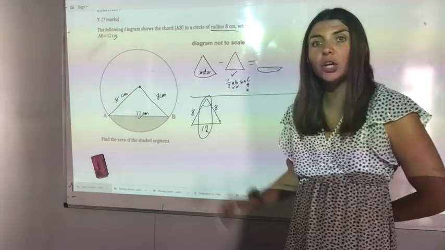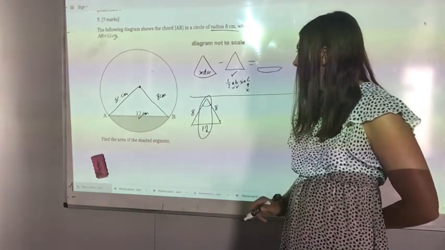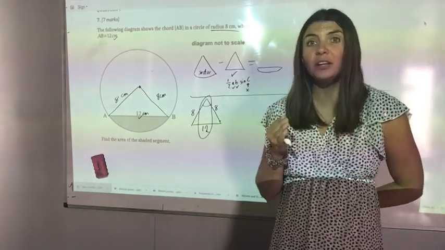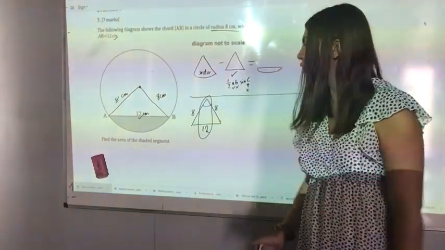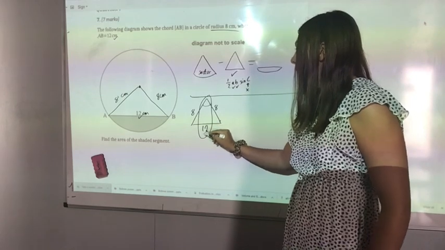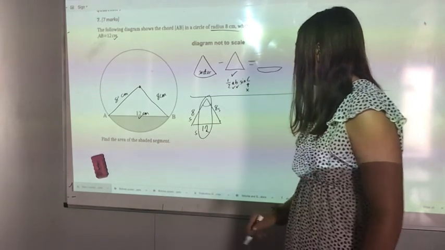We know that these angles are going to be the same, but we don't know what they're going to be. So the most logical thing to use is the cosine rule. There are different ways of doing this, but I'm going to show you with the cosine rule. This is partially because we've got side, side, side.